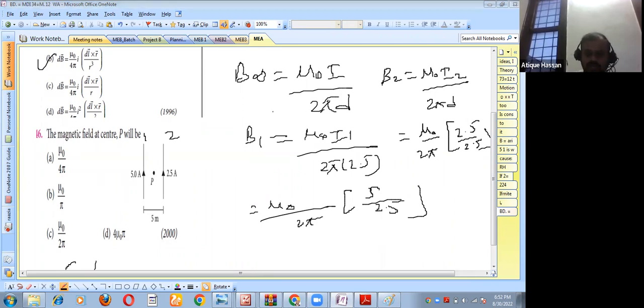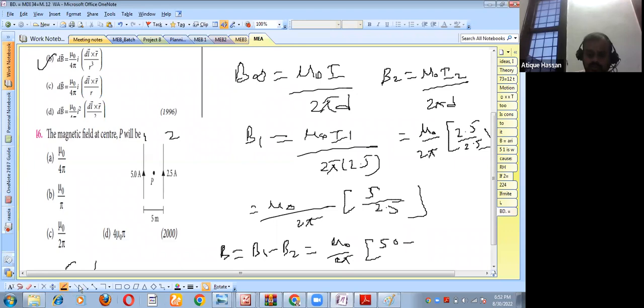Now you can see B1 is greater, so we will find the net field by subtracting. B will be equal to B1 minus B2. So we will get mu naught by 2 pi into 5 by 2.5, it will be 20 minus 1.